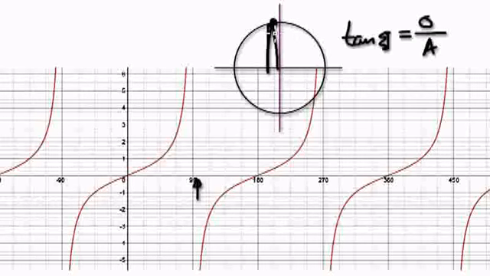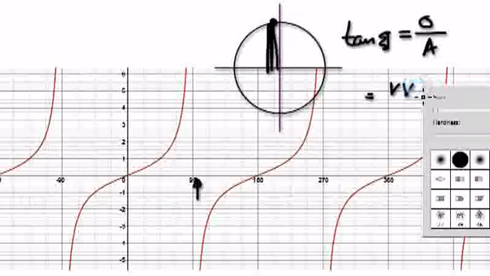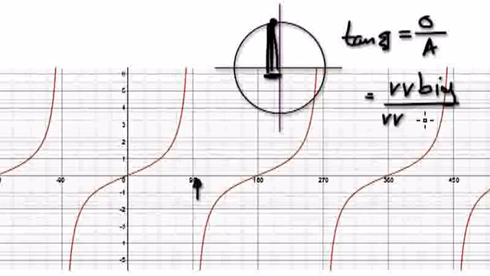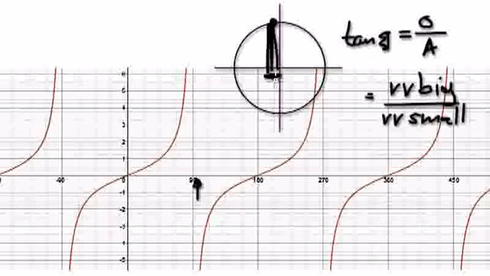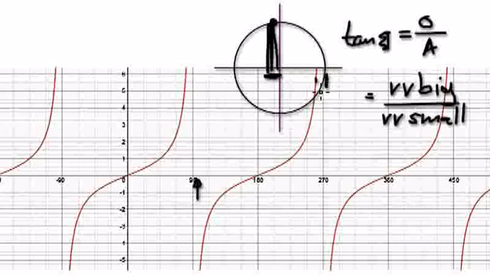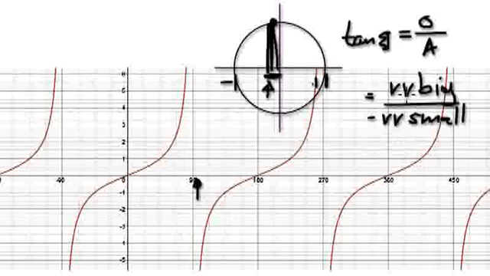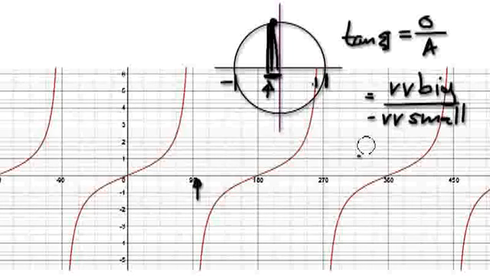So in this case the height here is very big, divided by the across, which is the adjacent, and that is very small. But in this case it's negatively small, because this is positive 1, this is negative 1. So this is actually negative, very small.